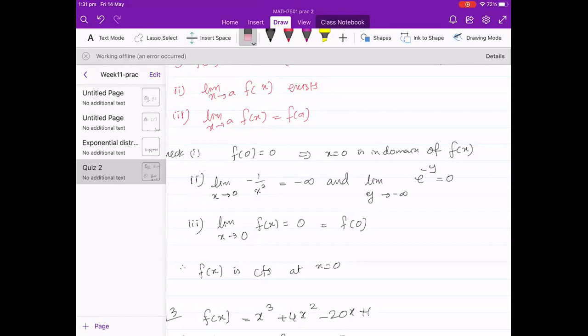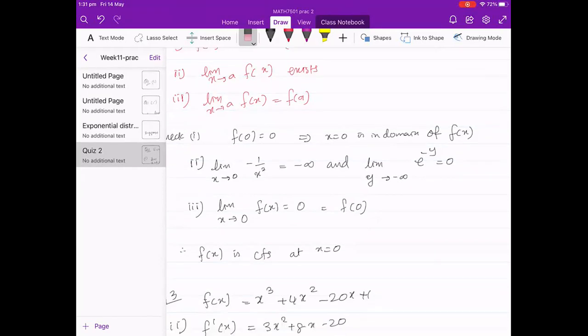What's the first derivative in this case? Yeah, it's 3x squared plus 8x minus 20.